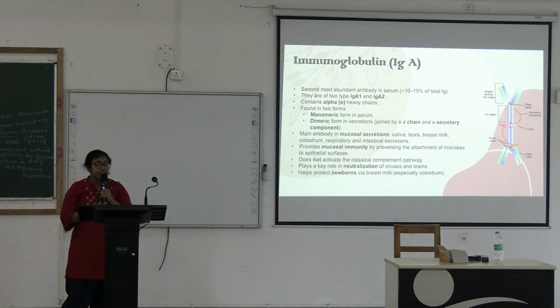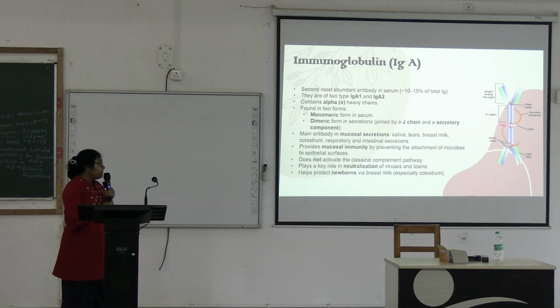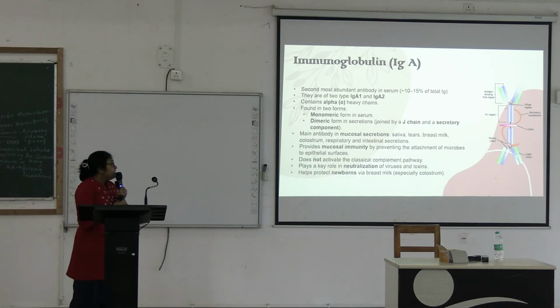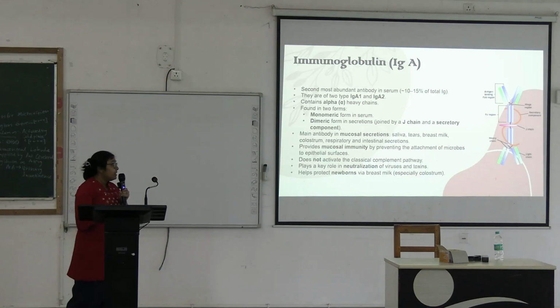Next Ig is IgA, the second most abundant antibody in serum, 10 to 15%. There are two types, IgA1 and IgA2, containing alpha heavy chains, found in two forms: monomeric form in serum and dimeric form in secretions, joined by a J chain and the secretory component.